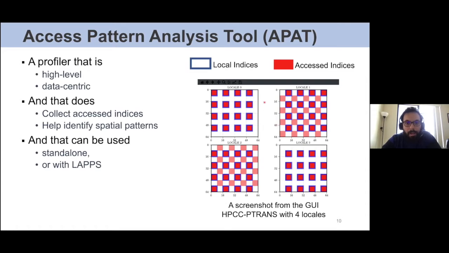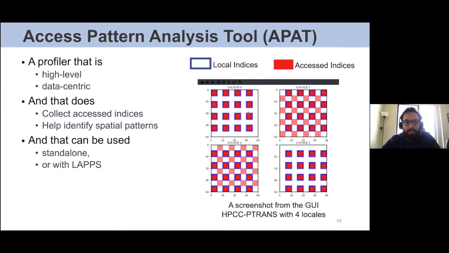Okay. On the right-hand side, you are seeing a graphical user interface screenshot. This is a screenshot from profiling HPCC ptrans, which is a matrix transpose with block cyclic distributed arrays. Here I'm showing a run with 4 locales that are represented with these large squares. Inside each of these, you see blue rectangles that mark the area owned by that specific locale, and different shades of red that specify which indices are accessed by that specific locale.